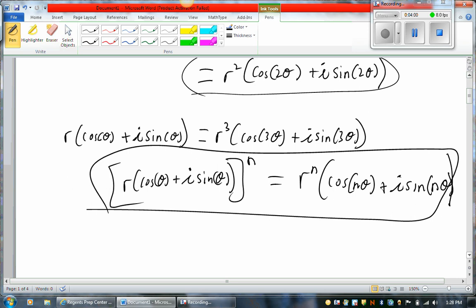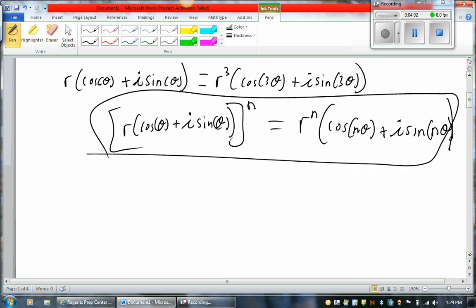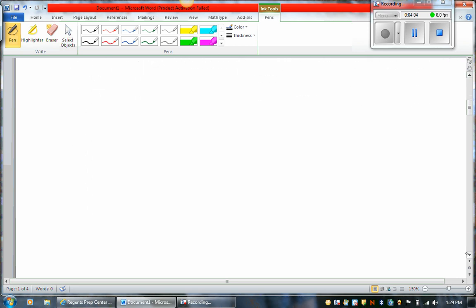So let's take a look at an example. Let's say we had 1 plus i, and we want to raise it to the 9th power. First, we're going to use the stuff we learned in 7.3a to convert that into trigonometric notation. If you look back at 7.3a, you'll see we actually did this one already.